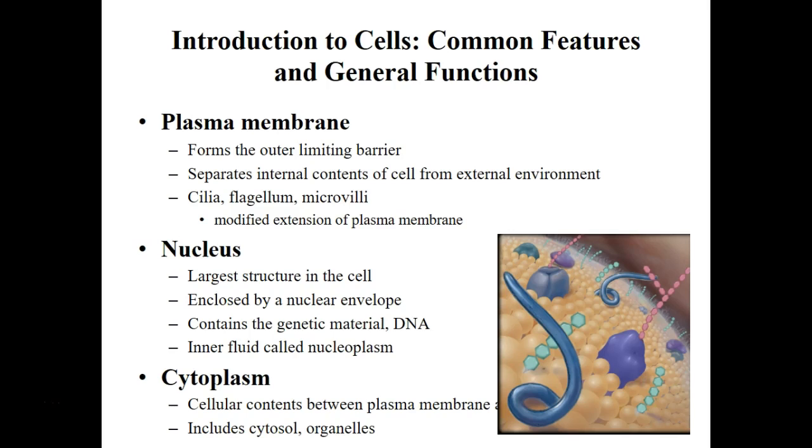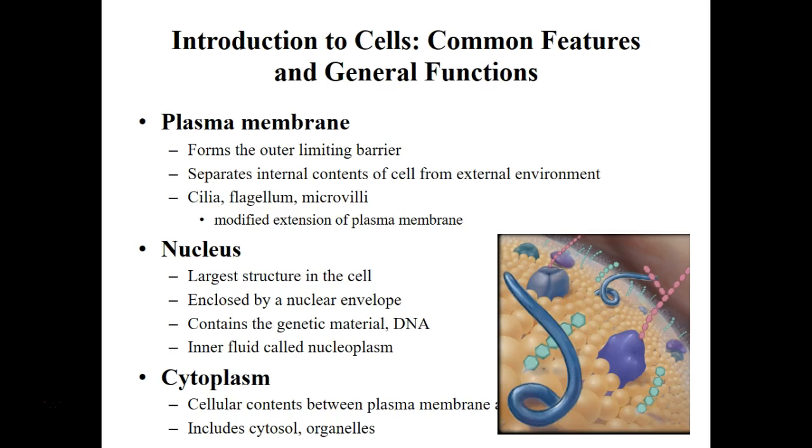Some cells will also contain cilia or flagella or microvilli that change the function of the plasma membrane to some extent. The nucleus is a very large double membrane structure inside of the cell, and it contains DNA.